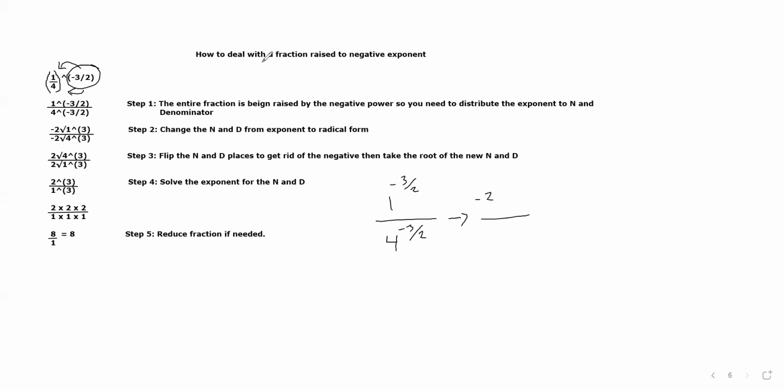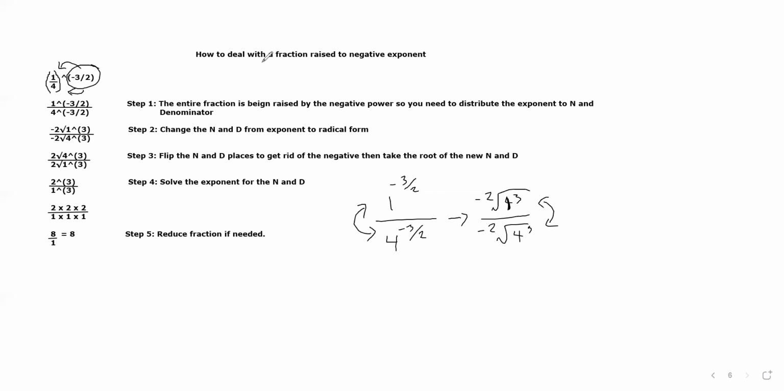I'm going to change them to radical form first. So I have negative 2 radical 1 third, and then I have negative 2 radical 4 third. Okay, there you go. These two have to just flip. I would recommend you flip them first. It makes much more sense to flip them over there in this section. You just can't forget, that's all. That's my point.